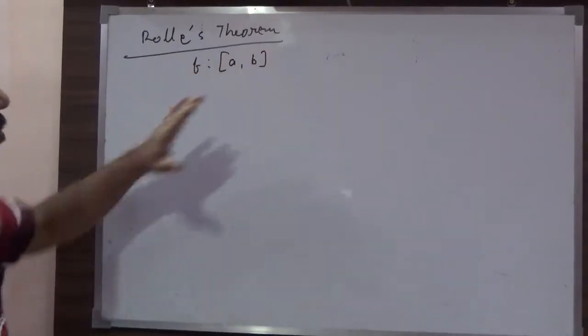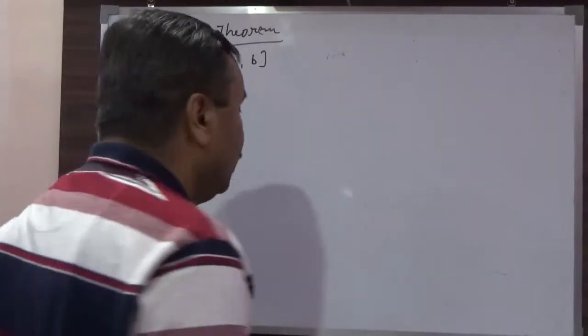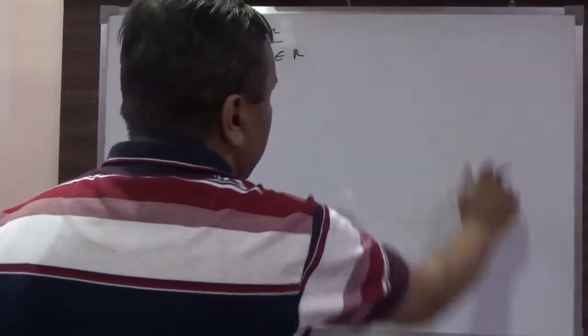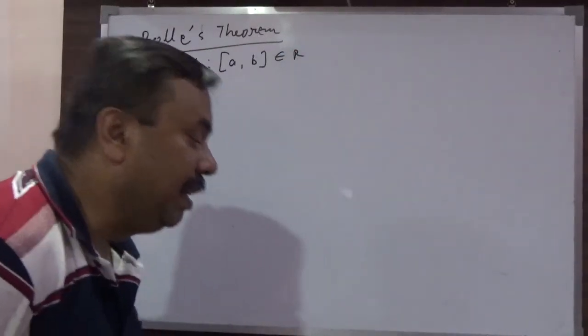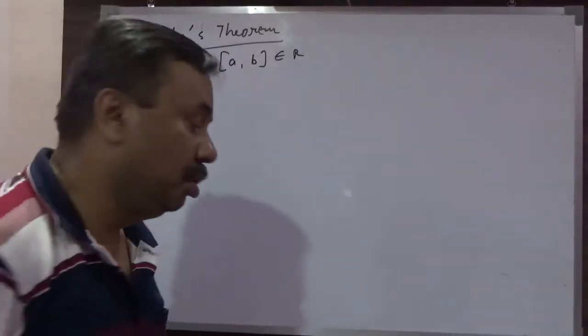That means a and b are inclusive. I think you can understand this. And this belongs to R, so it is true for all values. Now it is continuous, and it is differentiable also.